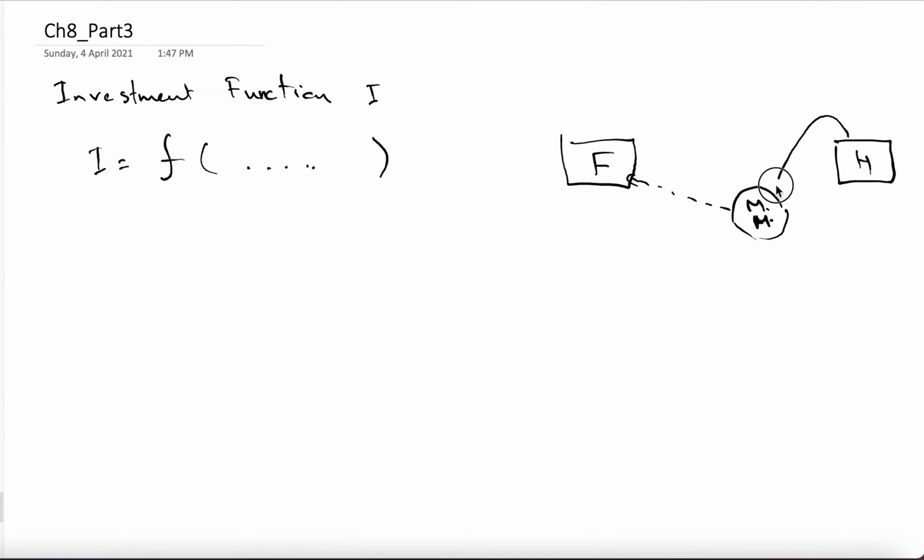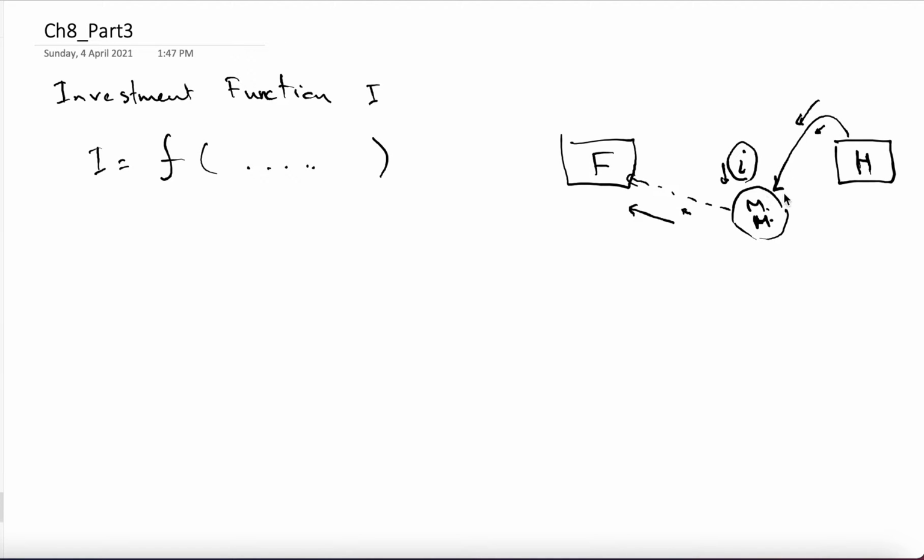and households are saving. So here the interest rate is going to be a key determinant, because if the interest rate goes up, households will be encouraged to save more, and firms will be discouraged from borrowing as much. But if it goes down, they are going to borrow more, and households are going to be discouraged from saving, and they decrease their savings.